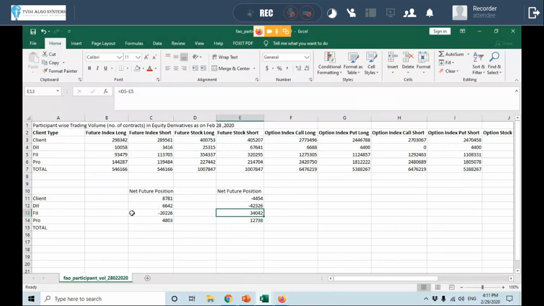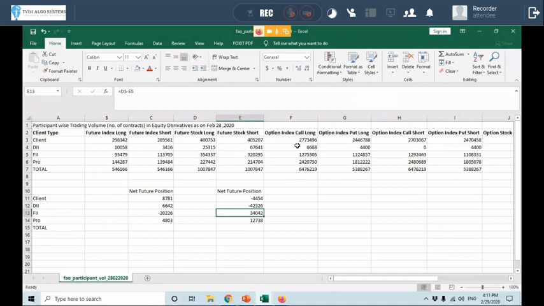Now you know, this kind of information none of the TV people will give you. So this analysis you need to do yourself, to see what exactly they are doing. And you can get this from the NSE website.